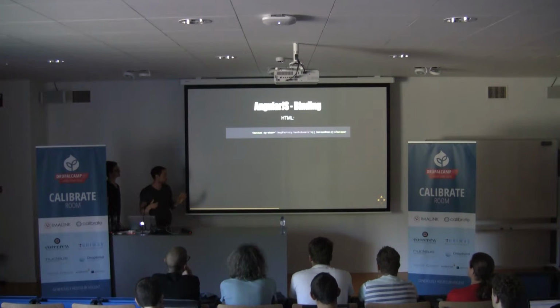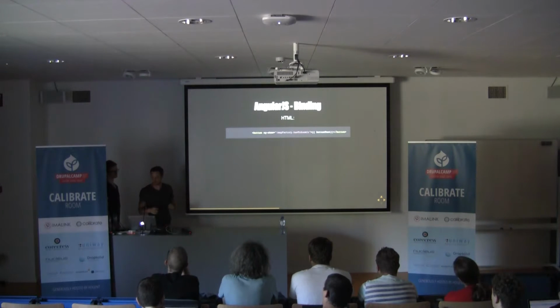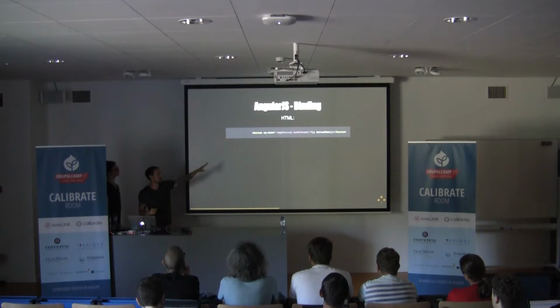So Angular knows this, and we bind the button. So we're telling Angular only show this button when this variable is false. And the button text, so this is an Angular placeholder. We tell Angular replace the button text with the value of the variable buttonText, of course.